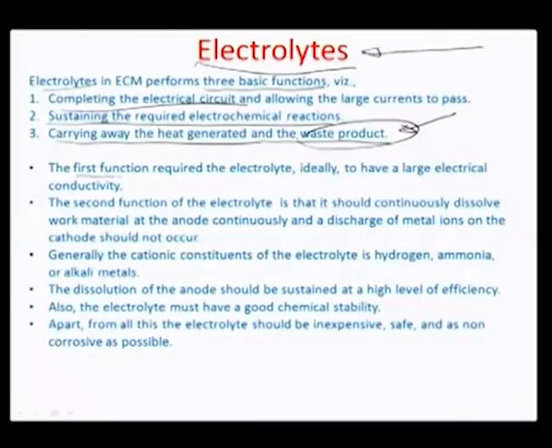So what are the requirements? The first function requires that the electrolyte be of large electrical conductivity, and the second function requires that it should continuously dissolve work material at the anode. So it should sustain the electrochemical reaction at the anode.